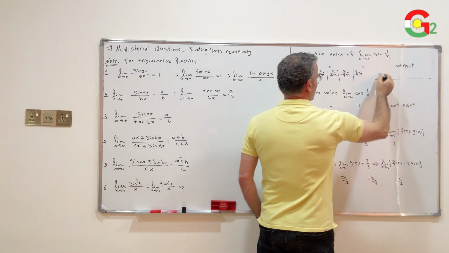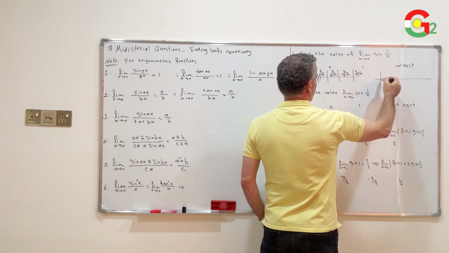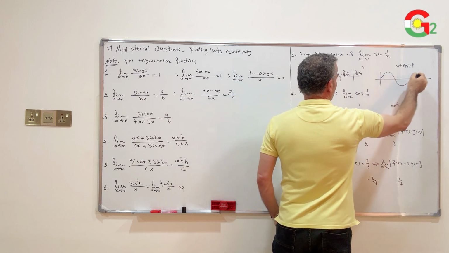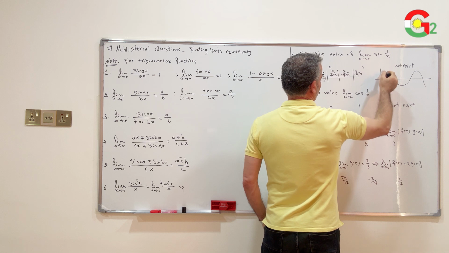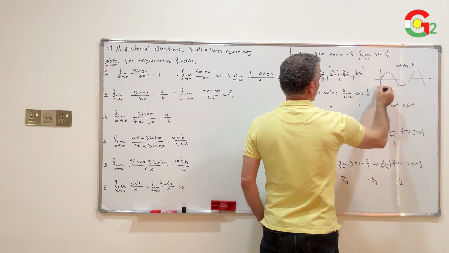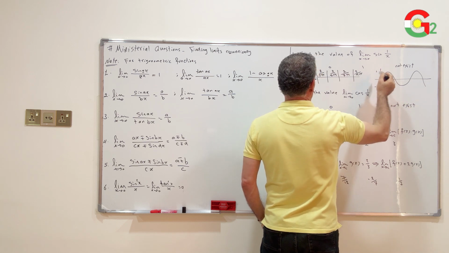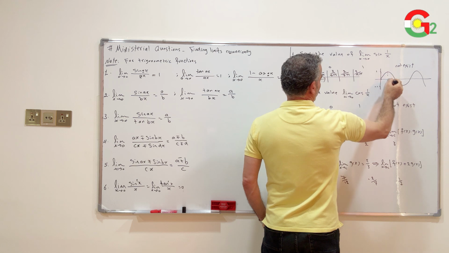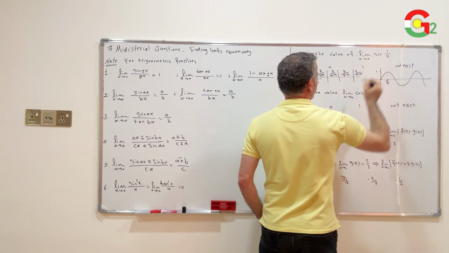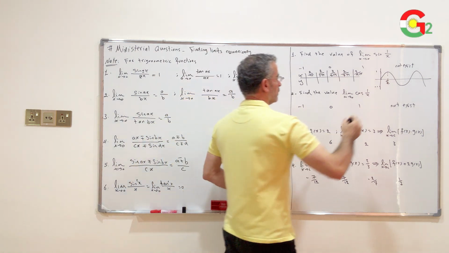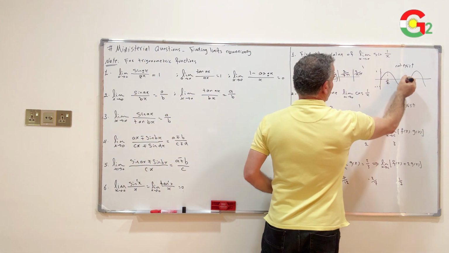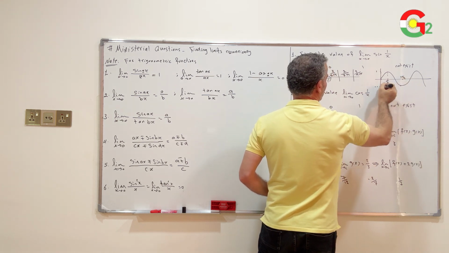As you know, the graph of sine is periodic. Its range is from -1 to 1. When x is pi over 2, the value of sine is 1. When x is 3 pi over 2, the value is -1.